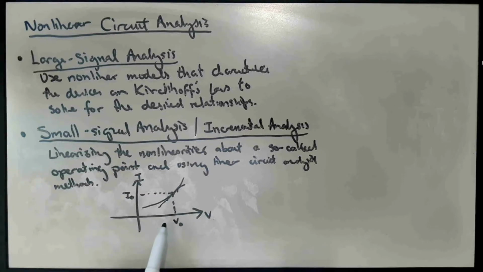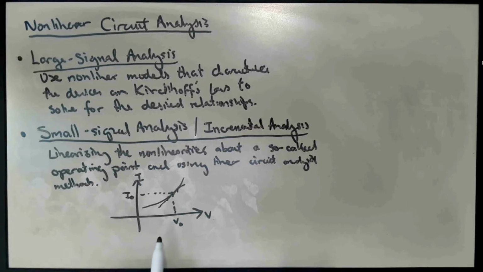And how big a small signal is will depend on the details of this nonlinearity, whether it's a very steep curve or if it's a very shallow curve that's changing at a slow rate or a fast rate. So for some circuits, a small signal might be a volt or a few tenths of a volt or something like that.